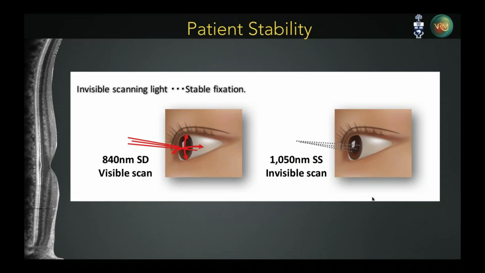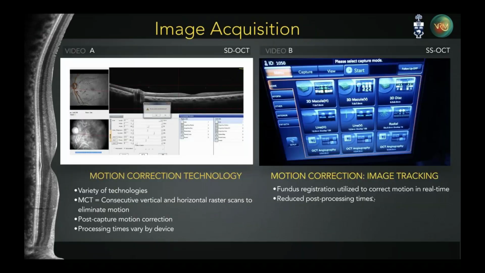Whereas with the 840, 850 nanometer laser, they're in the visible spectrum, and as a result, they do see a flashing light. So one of the advantages of imaging patients today with the Triton is that the patients are much more comfortable, they're much more stable, and obviously those two facets, a comfortable and stable patient, allow for much better imaging and also faster imaging.